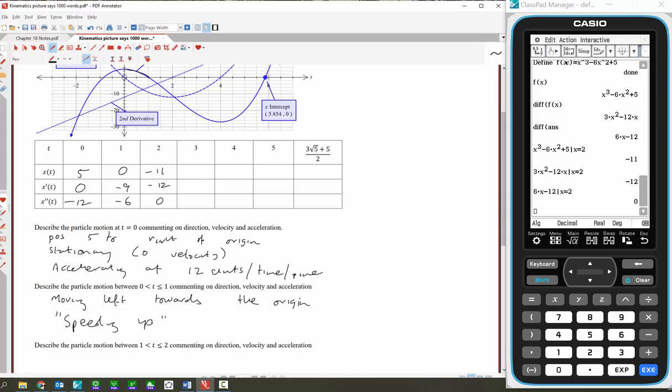Alrighty, so between these values, this negative 11 means that we end up to the left of the origin.